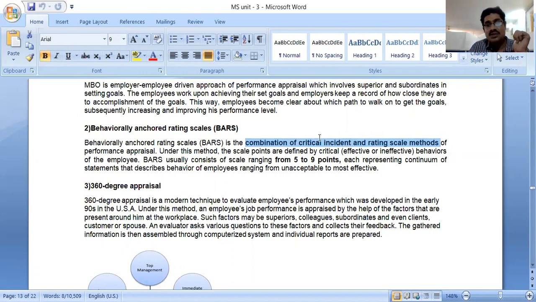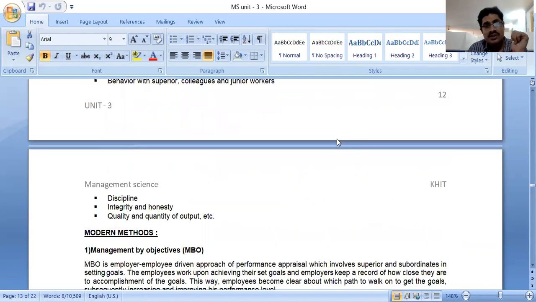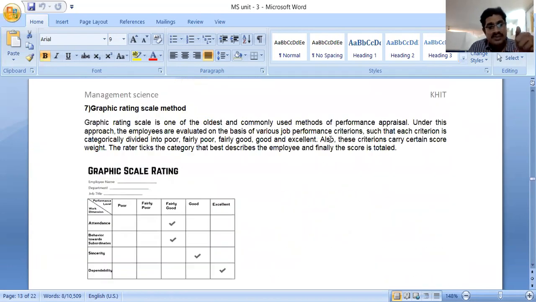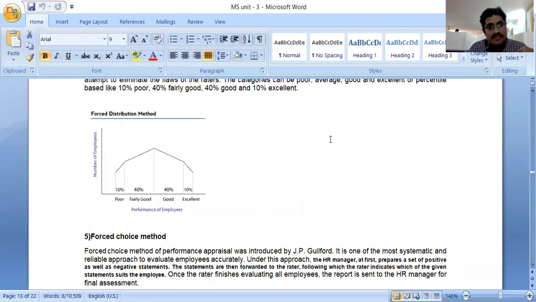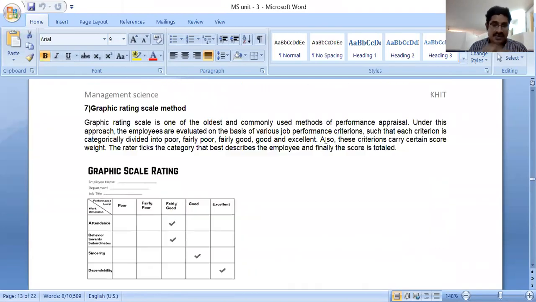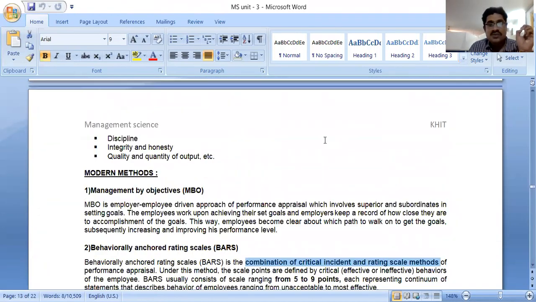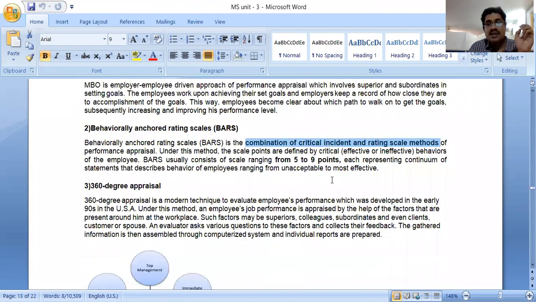Critical incident, I already told you in the previous papers. If suddenly unexpected accidents or events occur, then observing the employees' behavior is called critical incident.